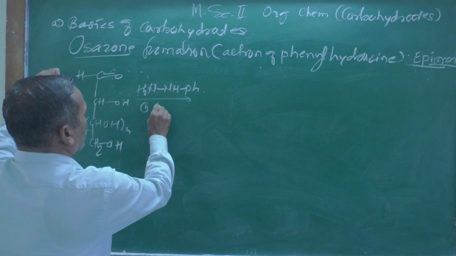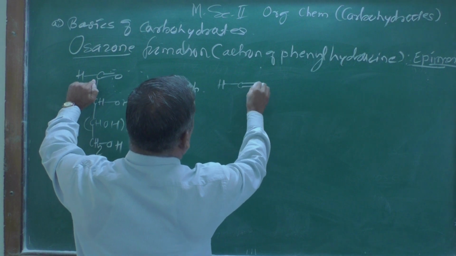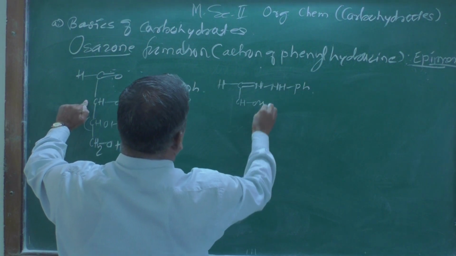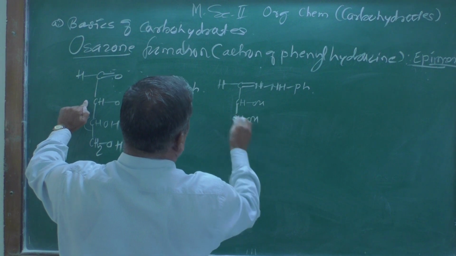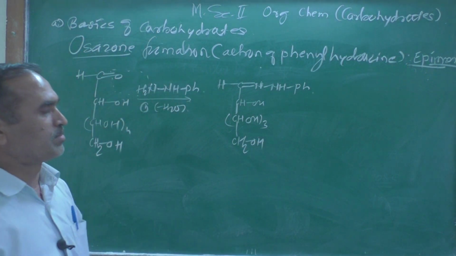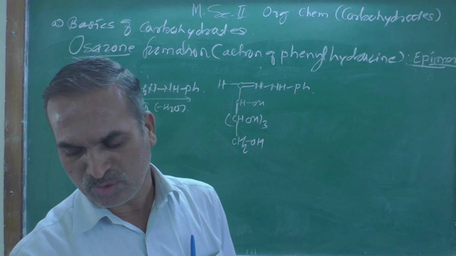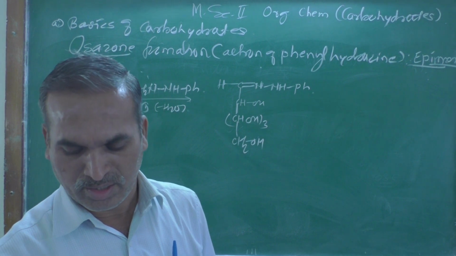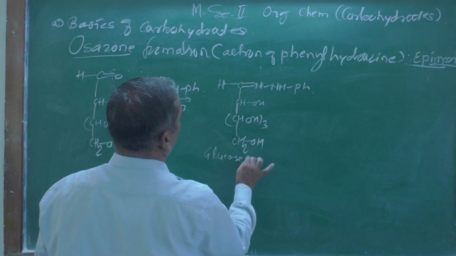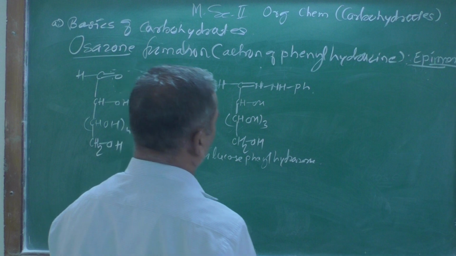So for the first mole, minus H2O takes place, and you get C double bond N, NH, Ph, and CHOH three times still there, and then CH2OH. The compound we got is known as glucose phenylhydrazone.